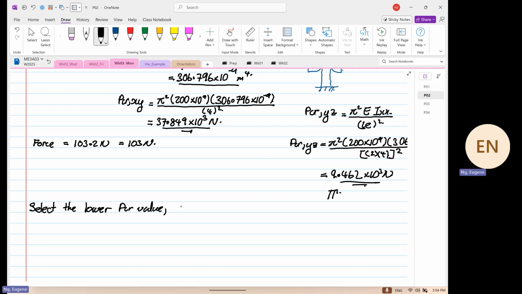So for this case, the critical load in the YZ direction is the lowest one, equal to 9.462 times 10 to the power 3 Newton. Okay. So you select this one.